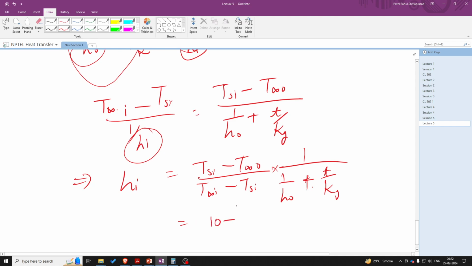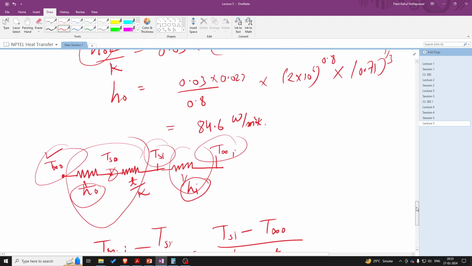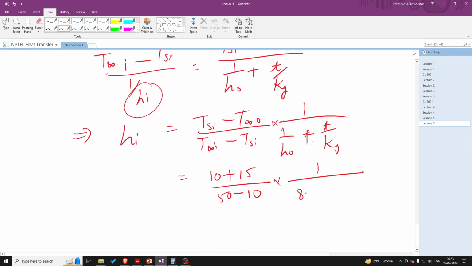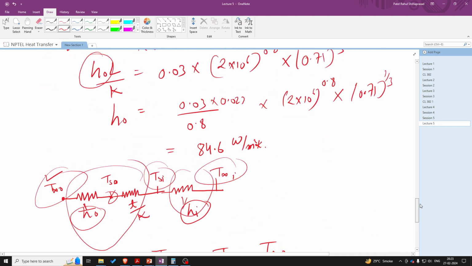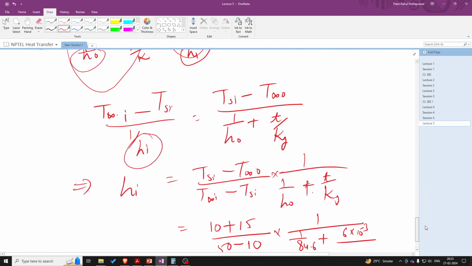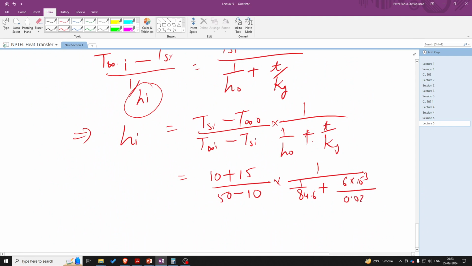Then the outside temperature was, I think, minus 15 degrees Celsius, so minus will become plus 15. Inner temperature is 50 degrees Celsius, minus surface is 10. 1 upon H naught we calculated it as 84.6 plus thickness is 6 mm, 6 into 10 raised to minus 3, and K is I think 0.023.